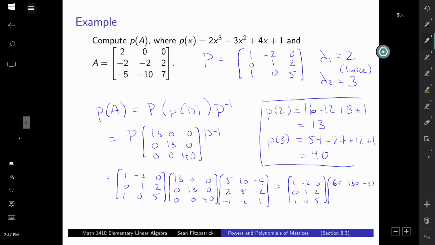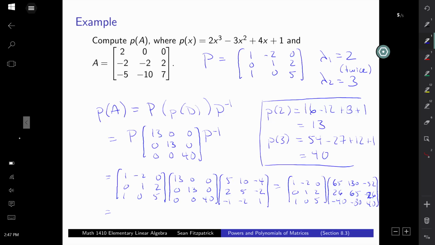The next row also gets multiplied by 13: 26, 65, minus 26. And then the last row gets multiplied by 40: minus 40, minus 80, 40.